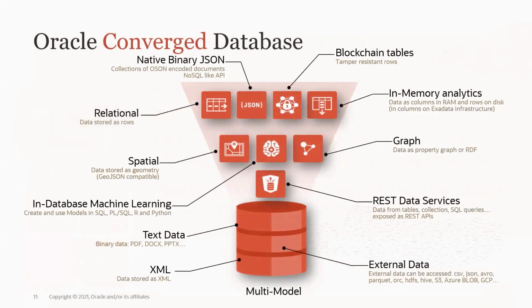So in a nutshell, Oracle's Converged database is a multi-model, multi-tenant, and multi-workload database. By multi-model, I mean it provides native support for multiple data models, including JSON, XML, spatial, and graph beyond relational data.